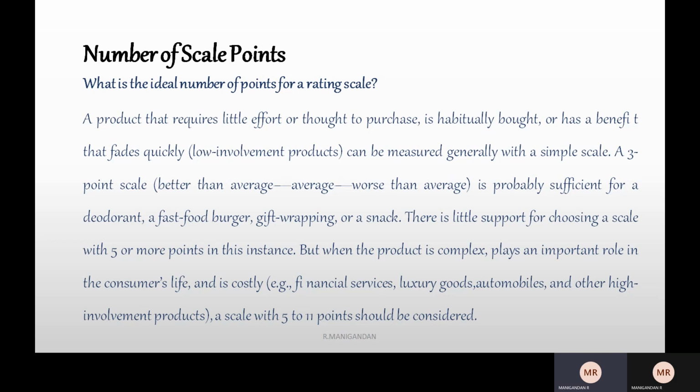But when the product is complex, plays an important role in consumers' lives and is costly, for example financial services, luxury goods, automobiles, and other high involvement products, it can be measured by the 5-point Likert scale, which makes it very easy to finalize the result.